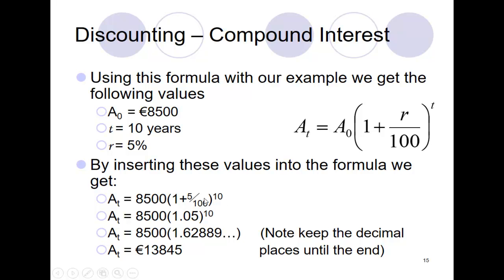Again, BEDMAS says you have to do what's in the brackets first. So 5 divided by 100, division, is 0.05, plus 1 gives you 1.05. BEDMAS now tells you that you have to do exponentiation next, the power or the indice.